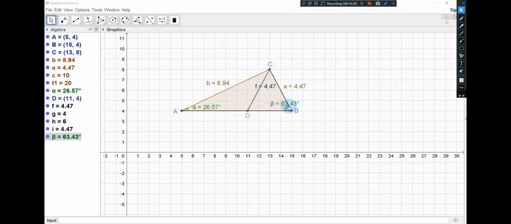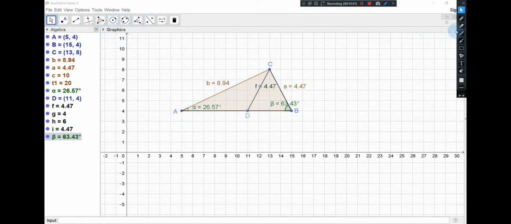So let's say one of the triangles formed here, the angle here is 63.42 degrees. So how about the other triangle, which I mean is ACD. So one of them is ACB, or you can say ABC, and then one is ACD.